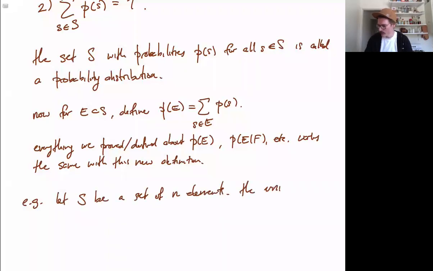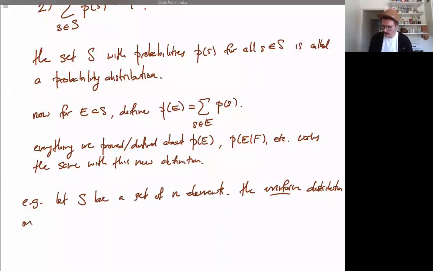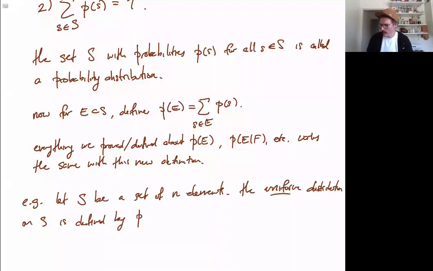The uniform distribution on S is defined by the probability of each element is just 1 over n.